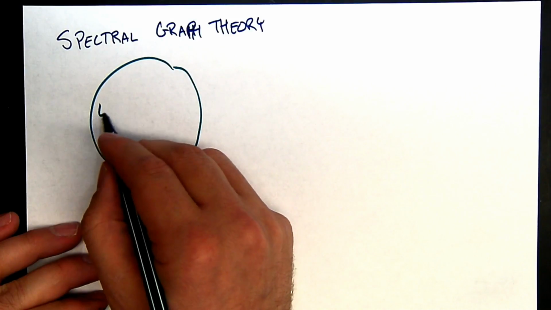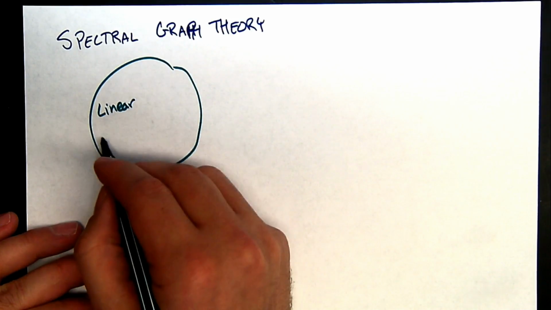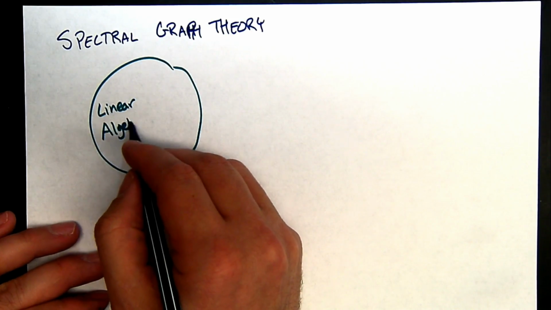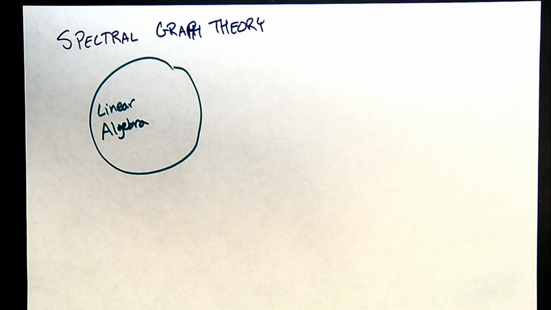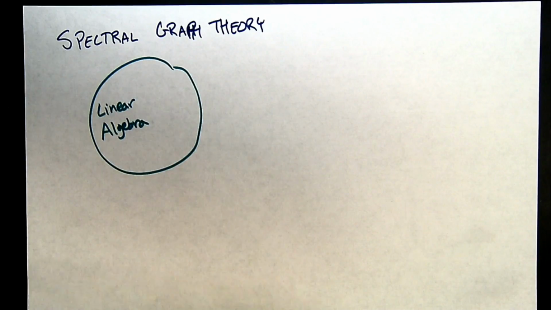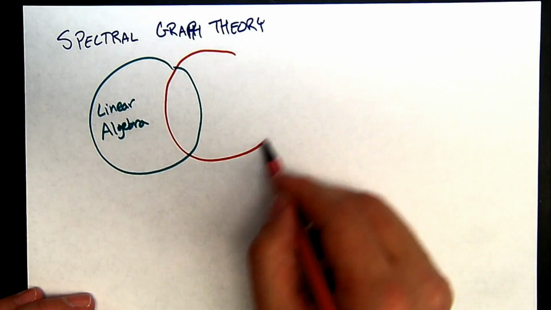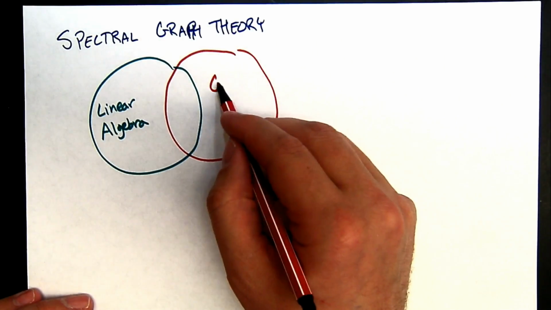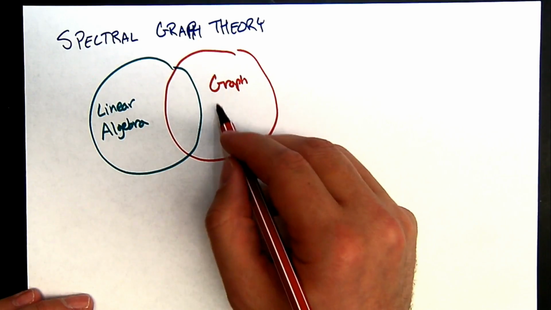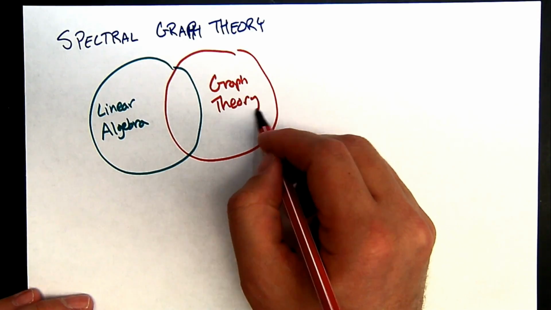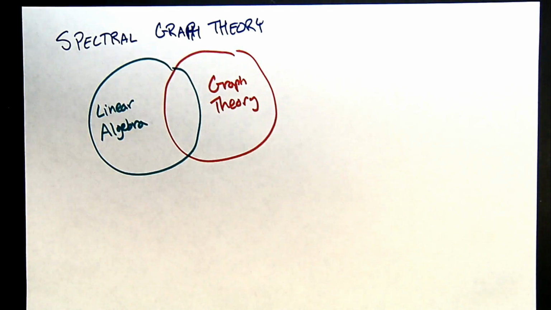So our basic philosophy is that we have these two worlds here. We have one world, which is linear algebra, and all the wonderful things that go along with linear algebra. Almost everybody here has had a linear algebra course since it's a prerequisite. I really hope they have. In the other world, you have graph theory.